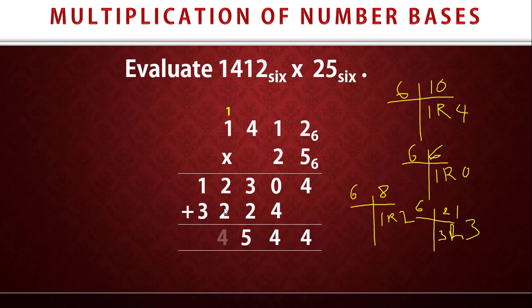We can write the 4 directly. Then 1 plus 3, that's 4. So 4 is less than 6. We can write the 4 directly. So our final answer for this multiplication is 44544. Now is the time to look at example 3.